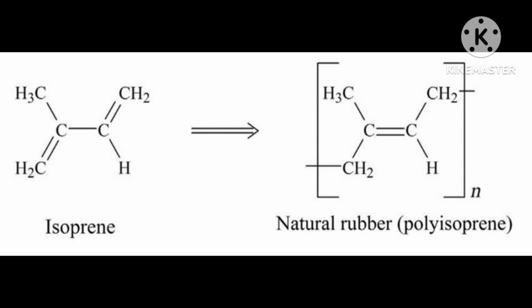This is called butadiene styrene polymer. This is the repeating unit, because both ends are open. The first carbon and the last carbon, here of styrene, from that side again both sides can join. Hence it is a repeating unit. You can write it in brackets, and outside you can write n.